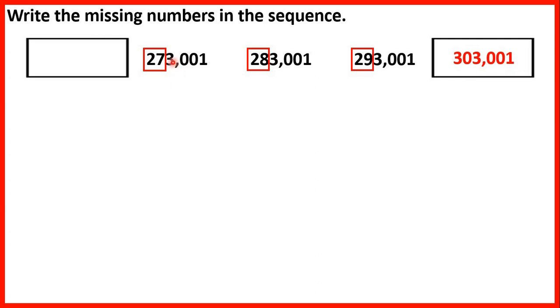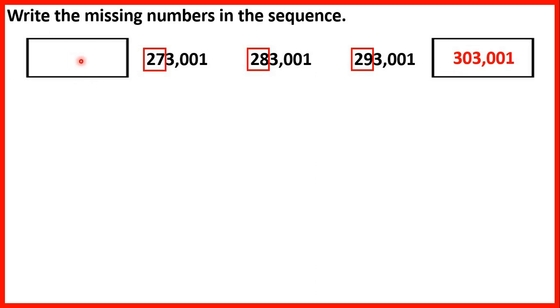303,001, because we can see the 3001 always stays the same, and then if we look at our 100,000s digit and 10,000s digit together, we have 27, 28, 29, 30. So here we're adding 10,000 each time.